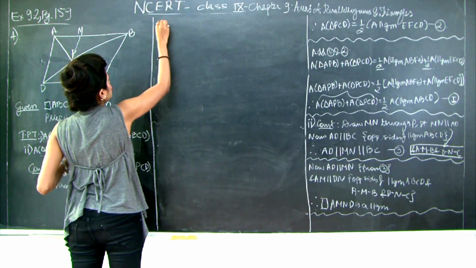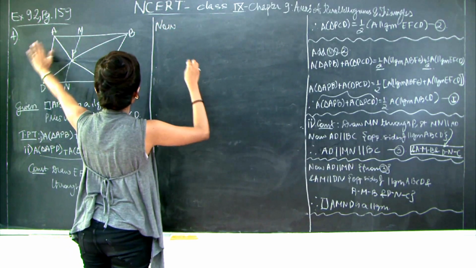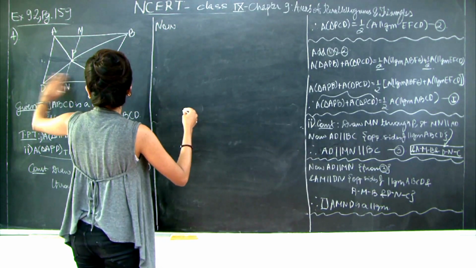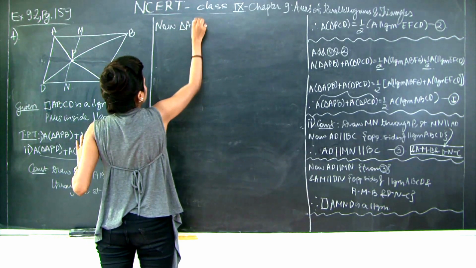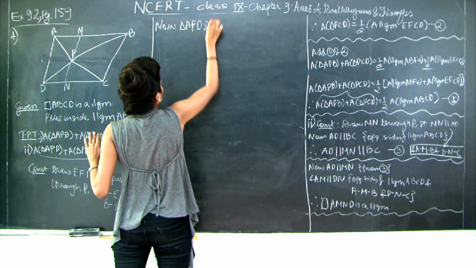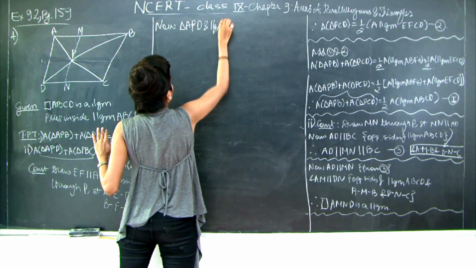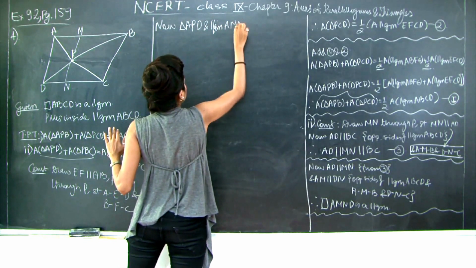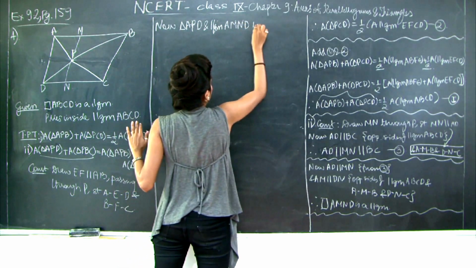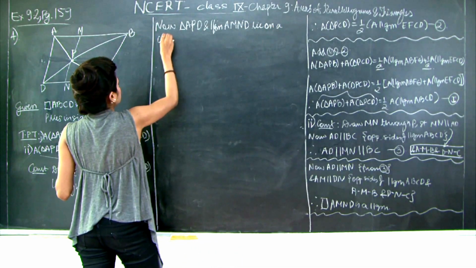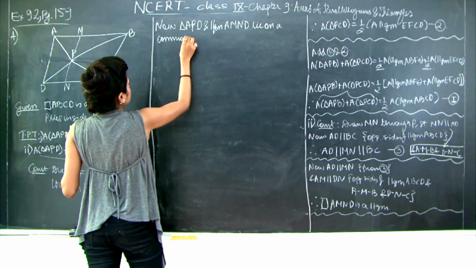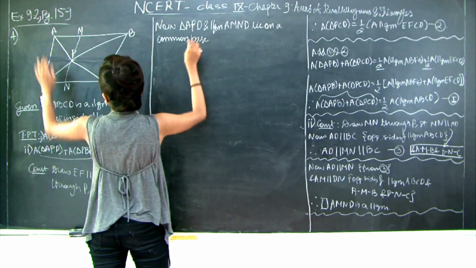Now we are going to look at the first vertical parallelogram and my triangle APD. Triangle APD and parallelogram AMND lie on a common base. What is my common base over here? It is AD.